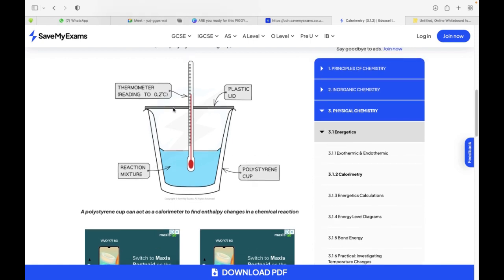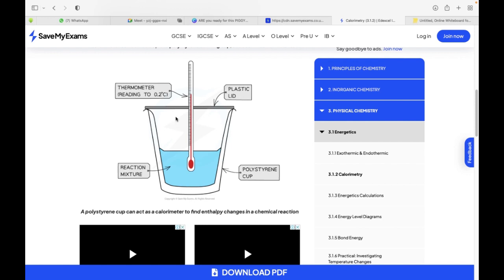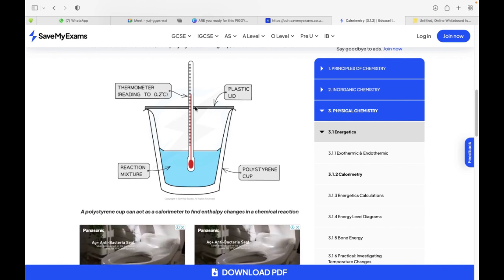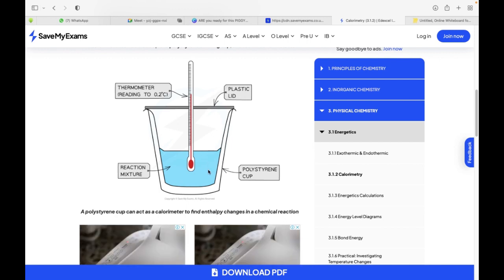Here we have the thermometer to measure the temperature. At the moment, it's reading a temperature of 0.2 degrees Celsius. Then we have a plastic lid here to act as an insulator, to prevent heat from being lost.